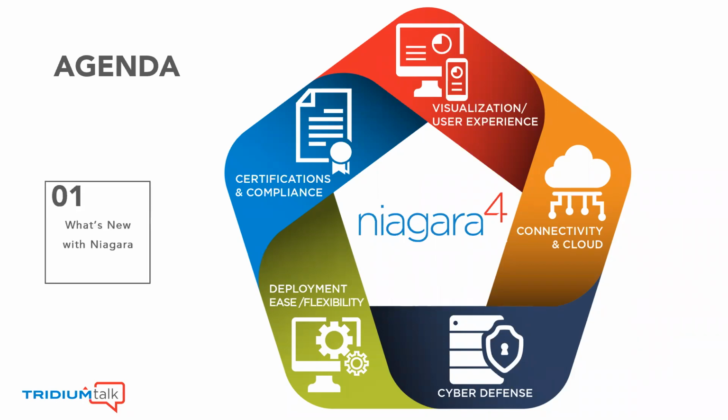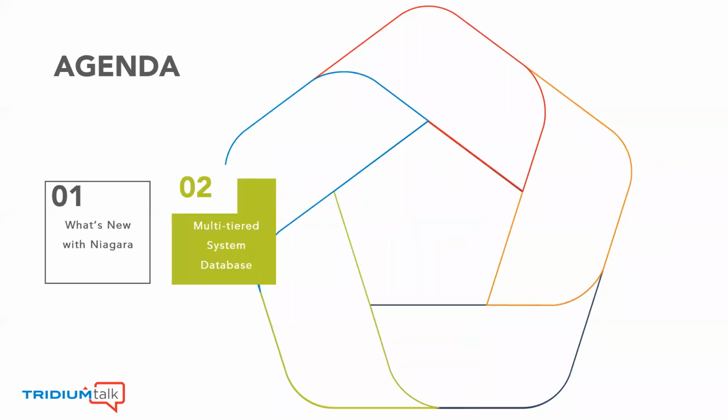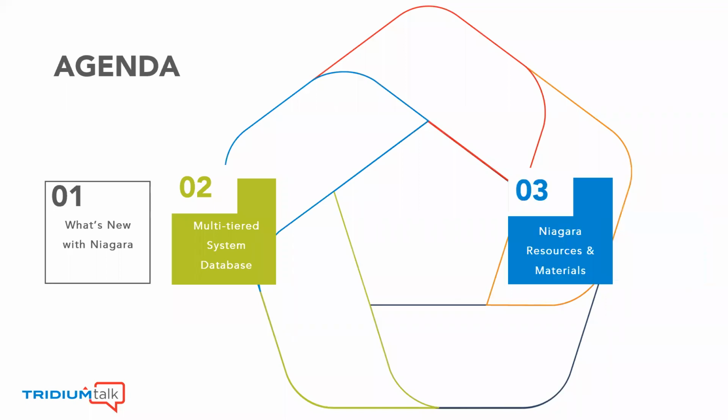And so going over the agenda for today's Tridium talk, we're going to cover a little bit about what's new with Niagara, so everyone gets up to speed with where we are in our release cadence. Then we're going to hit the feature, talk a little bit myself about multi-tiered system database, and then we'll roll into a demo where Scott will provide you with just a great presentation of the actual work at play.